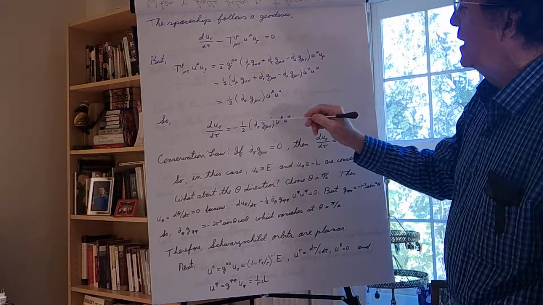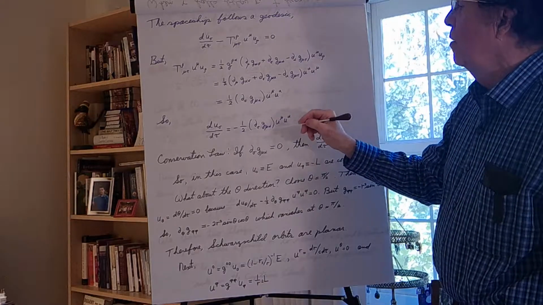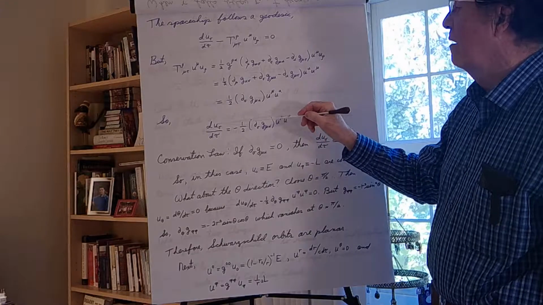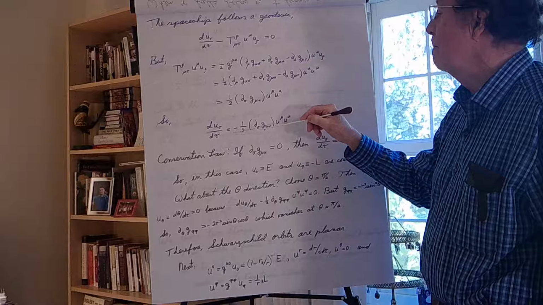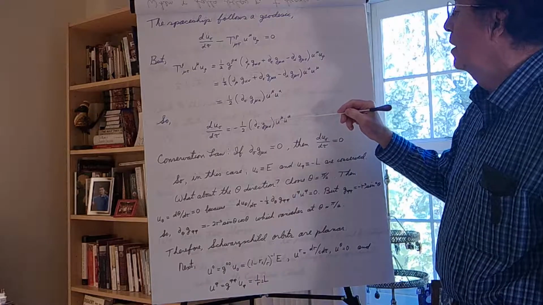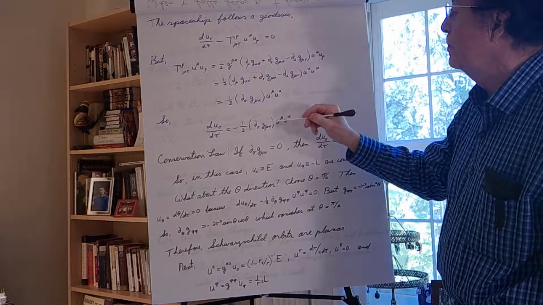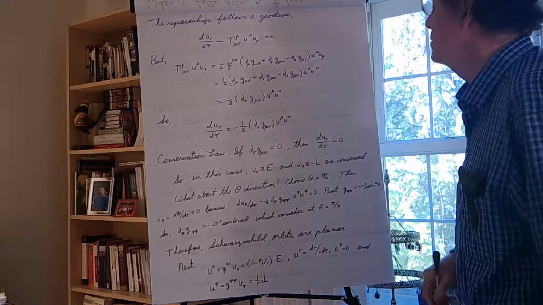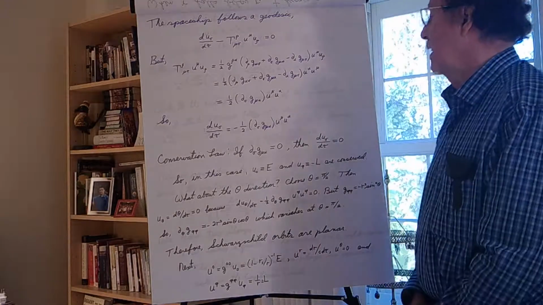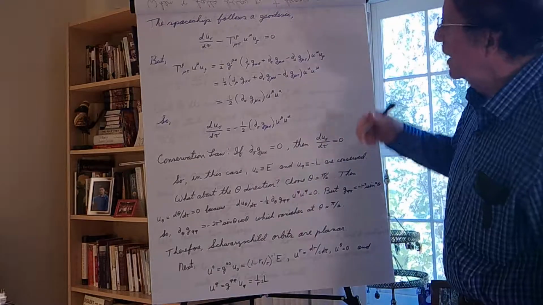Okay, it says that the rate of change of the covariant velocity with respect to the proper time of the captain is proportional to the derivative with respect to that index of the metric, then contracted into the velocity like that. Okay, so I see a conservation law.